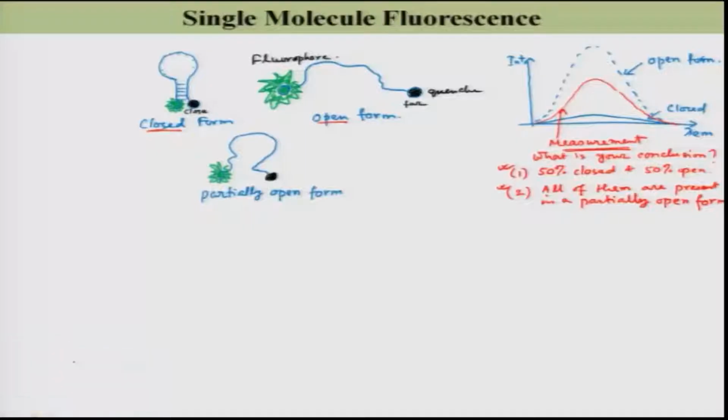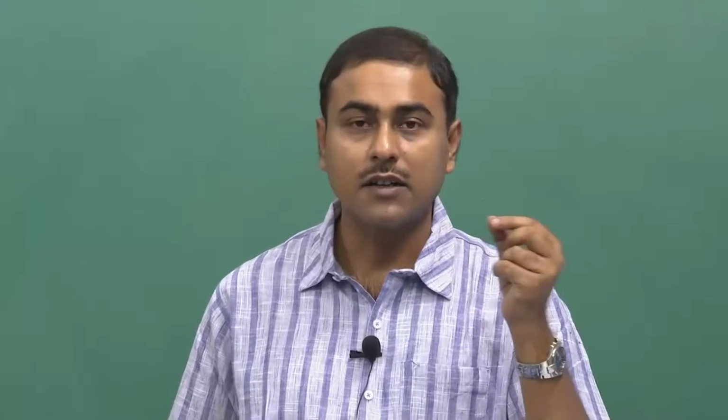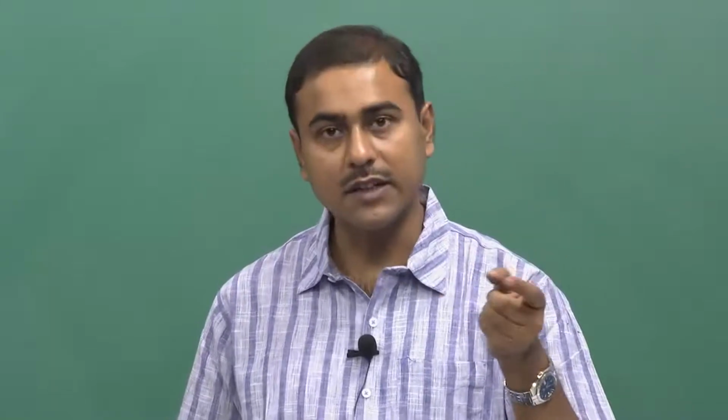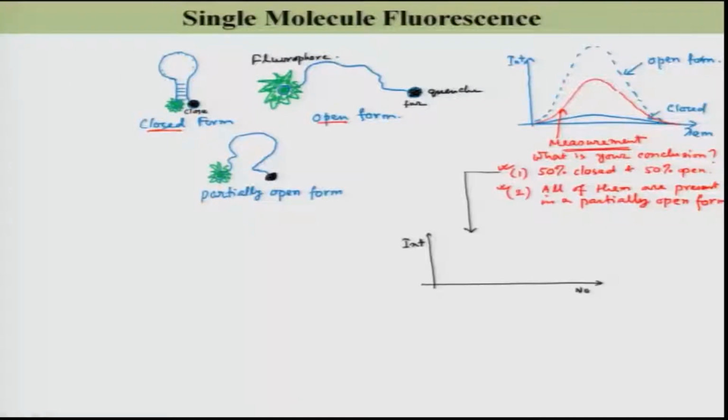If it is case number 1, then consider the fluorescence intensity versus the number of molecules. Here is intensity, and here is which molecule you are measuring: the first molecule, then the second, third, fourth, fifth, and so on.